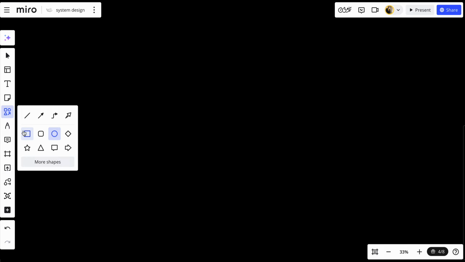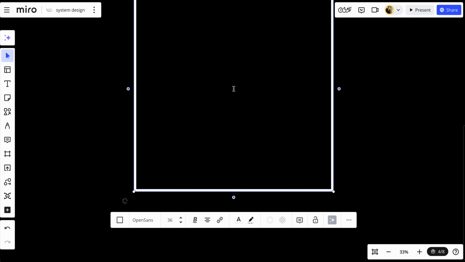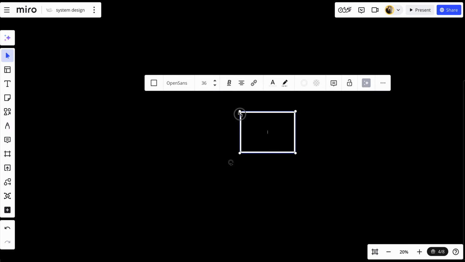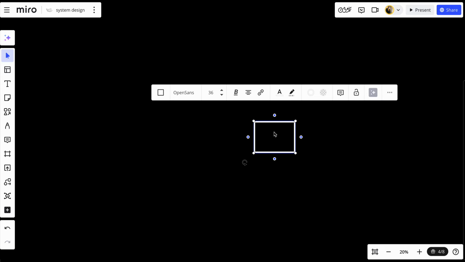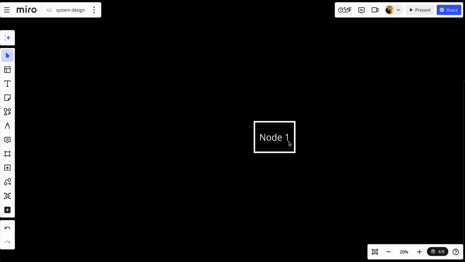So let's assume that we have a system that contains multiple nodes. Let's say that we have node 1, and let's copy it.